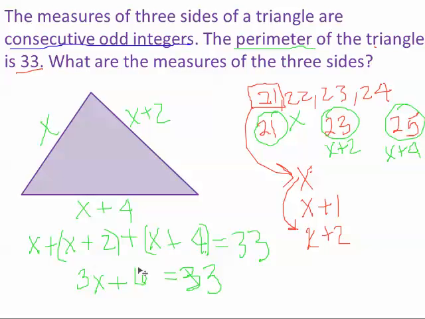Now I'm going to solve this to find out what my x is, and that will tell me my side. So I kind of have to do that quick, and I don't have much room. So let's see how we do here. 33 minus 6 is going to be about 26, and then I have 3x equals 26. And you know what just happened?